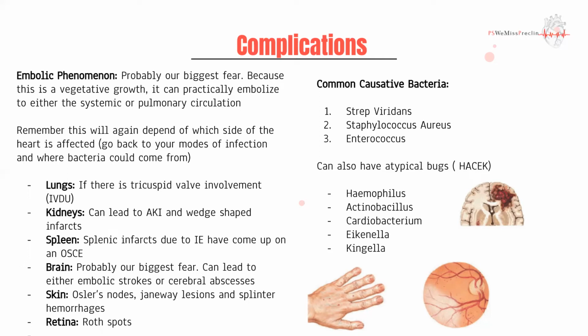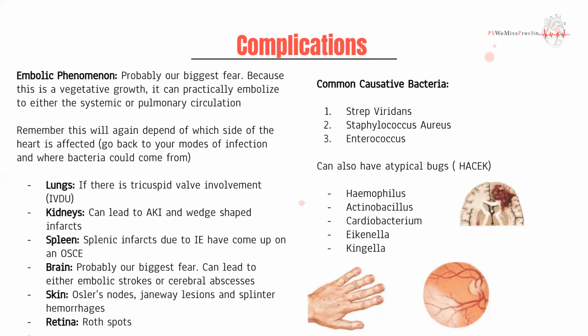Why is this important? It's important because when we talk about our antibiotic regimens, we can either have an empirical treatment or specific directed treatment. Our empirical treatments are going to depend on the person's valvular involvement and if they have had any procedures to a valve.